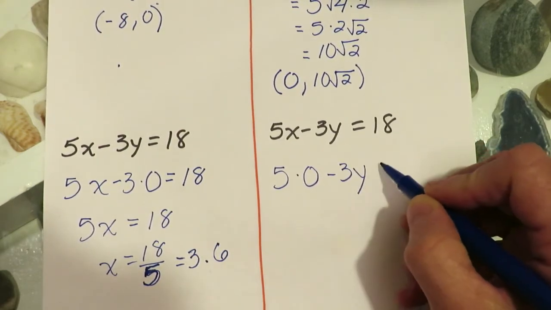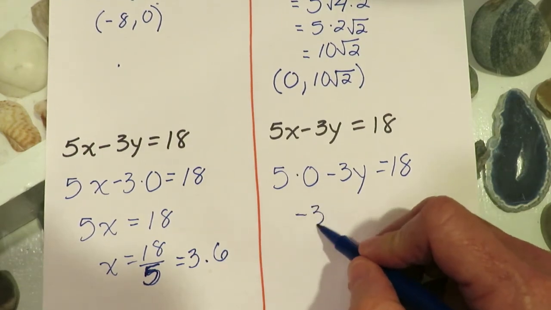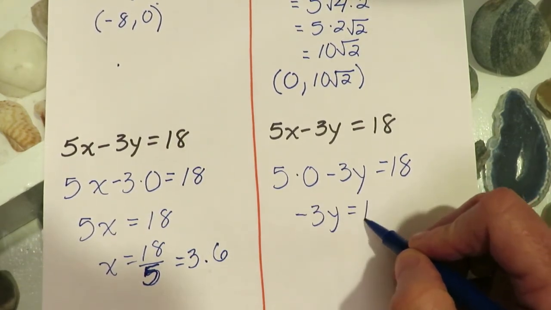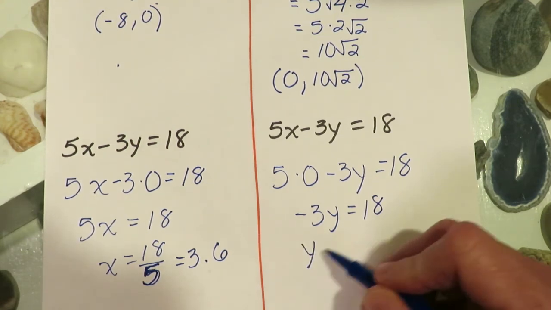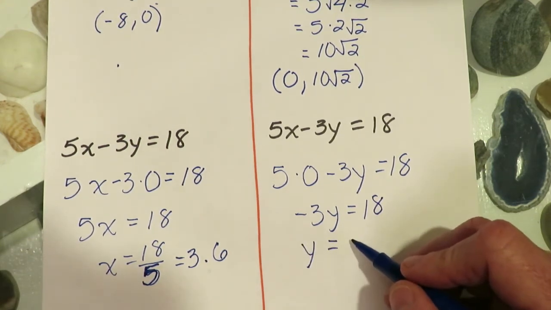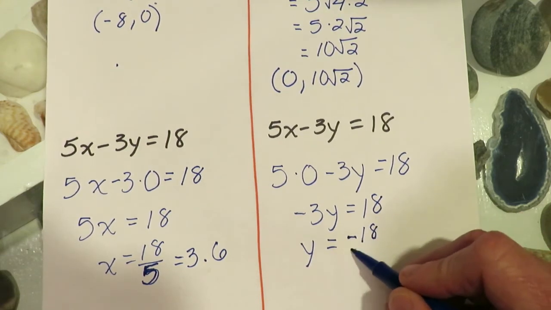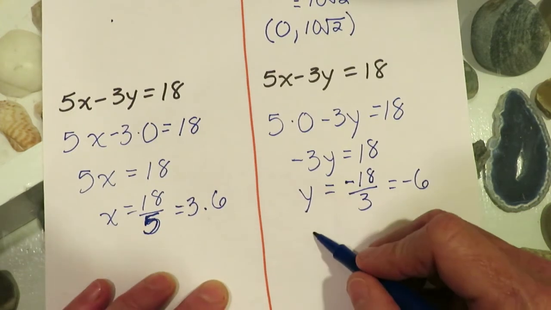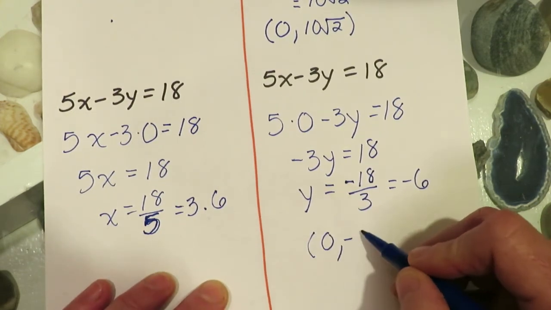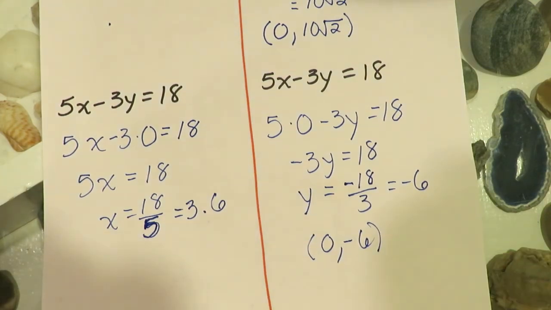So put 0 in for x, and I get -3y equals 18, and so y then is -18 divided by 3, or -6. So when x is 0, y is -6, and that is my y-intercept.